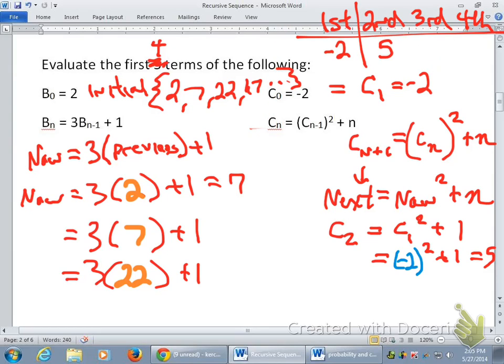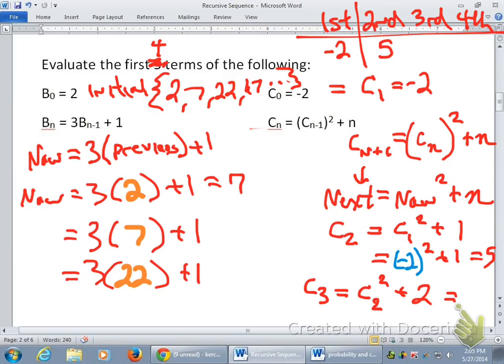Now to find the third value, that's C sub 3, that's really going to be C sub 2 squared plus, what am I going to add here? Now I'm going to add, instead of adding 1, I'm adding 2 because I'm finding that next value, right? So that's going to be plus 2.